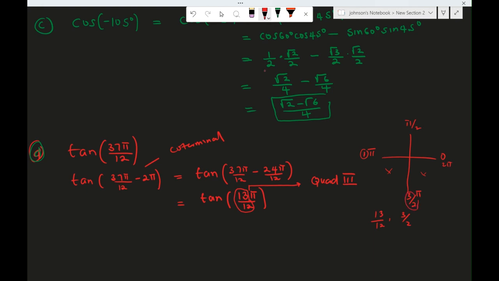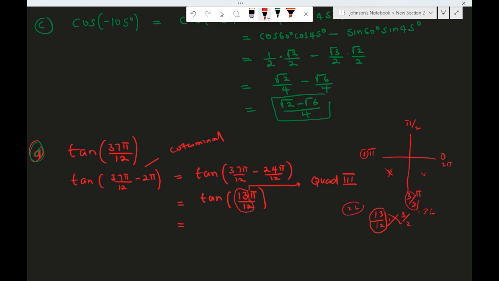If you multiply 2 times 13, you have 26, right? And if you multiply this 12 by 3, you get 36. So you see 26 is less than 36. Just like you're doing cross multiply. This is how to compare fractions. So it means that 13 over 12 is actually less than 3 by 2. So it means we will be in the third quadrant.